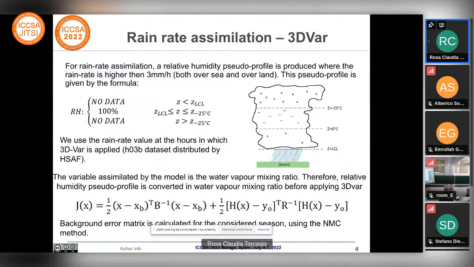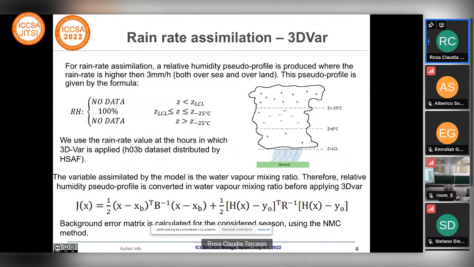We produce this profile where the rain rate is higher than a given threshold. Here we use a threshold of 3 millimeters per hour, and we decided to use this threshold after different tests on different case studies and different thresholds, of course.